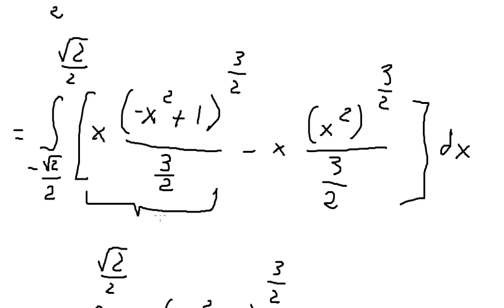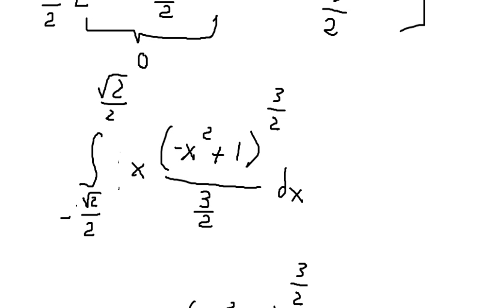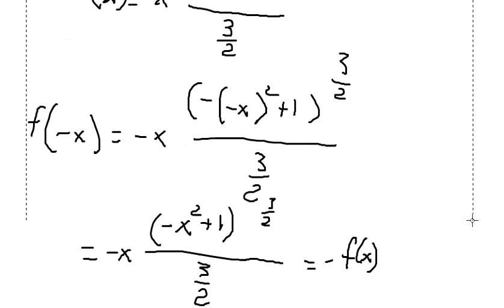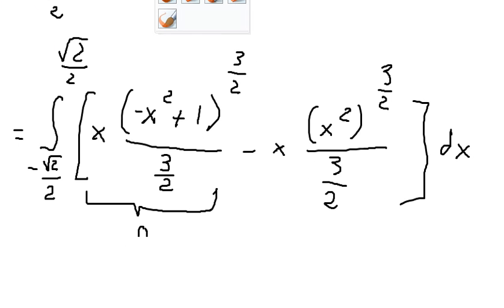Now we need to consider this one. So when we look at x squared to the power of 3 over 2, this one we simplify, that's x to the power of 3.